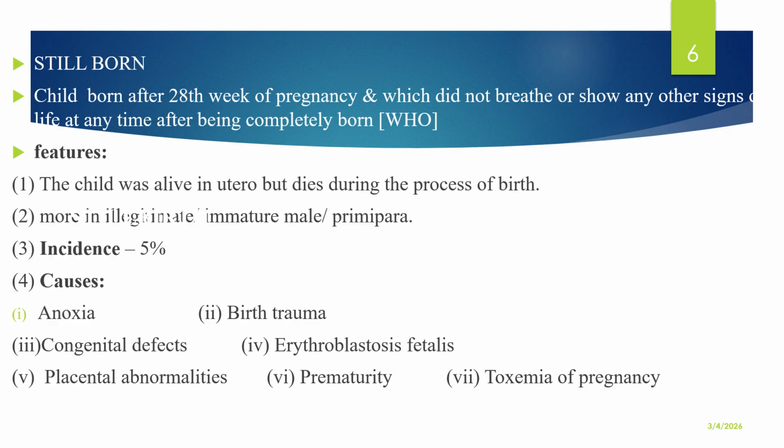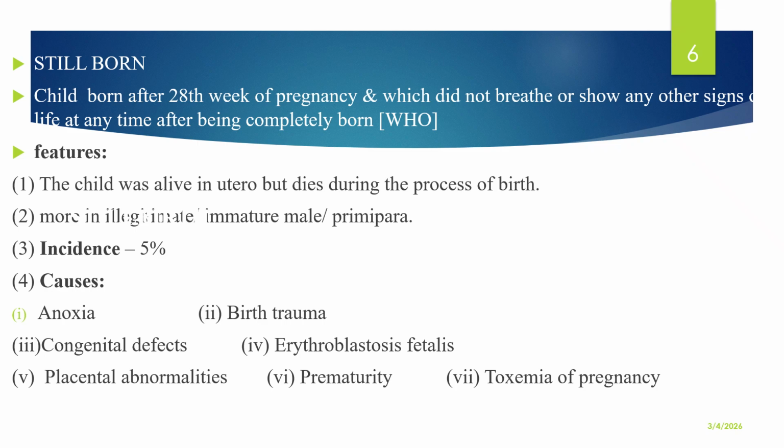Now, the features: the child was alive in utero but dies during the process of birth. In utero, the child is alive, while during the process of birth, the child dies. That is considered as a stillborn, and it is more common in illegitimate or immature males or in primipara females.